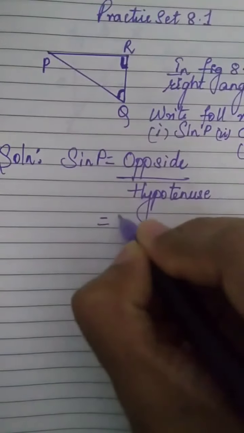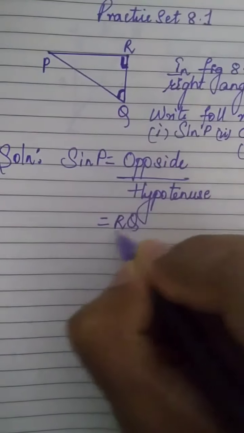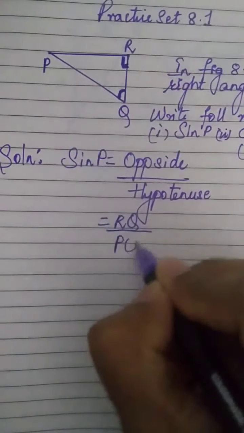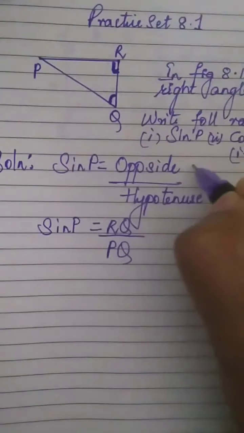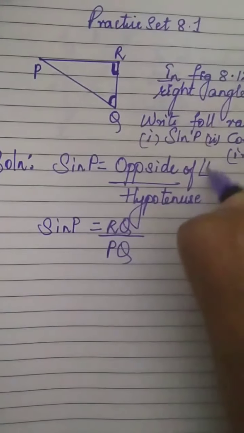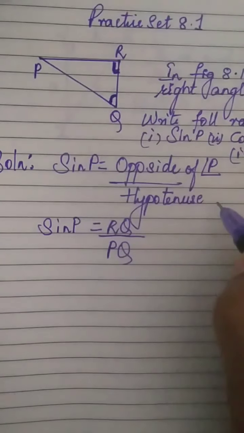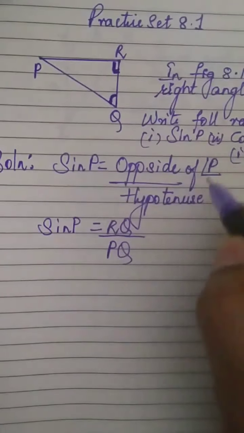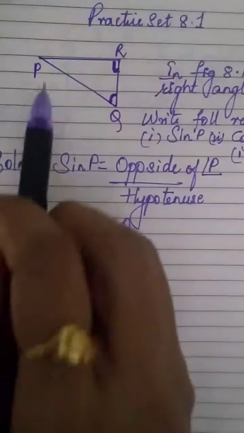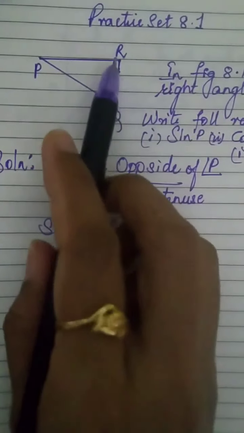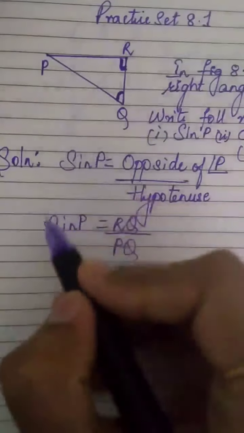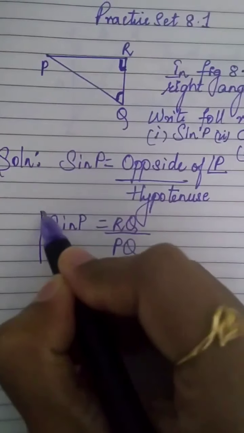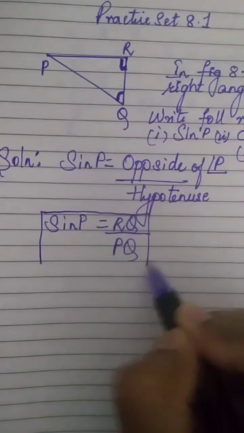So sin P is equal to RQ upon the hypotenuse PQ. So sin P is the opposite side of angle P upon hypotenuse. Look at P, its opposite is RQ, hypotenuse is PQ. Put it in a box. Highlight your answer.